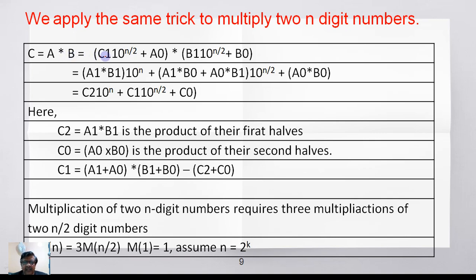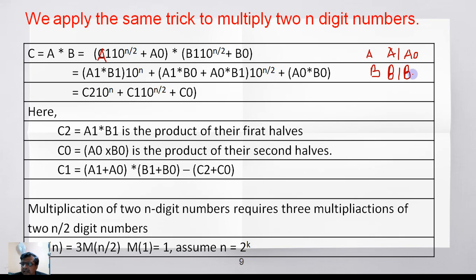It could be written like this: a1 into 10 to the power of n by 2 plus a0, and b as b1 into 10 to the power of n by 2 plus b0, because a can be written as a1, consisting of n by 2 digits, and a0 consisting of the remaining n by 2 digits, and b can be written as b1 and b0.